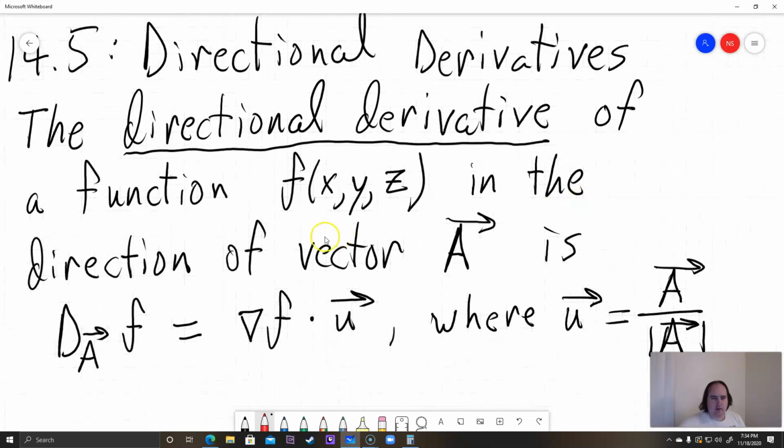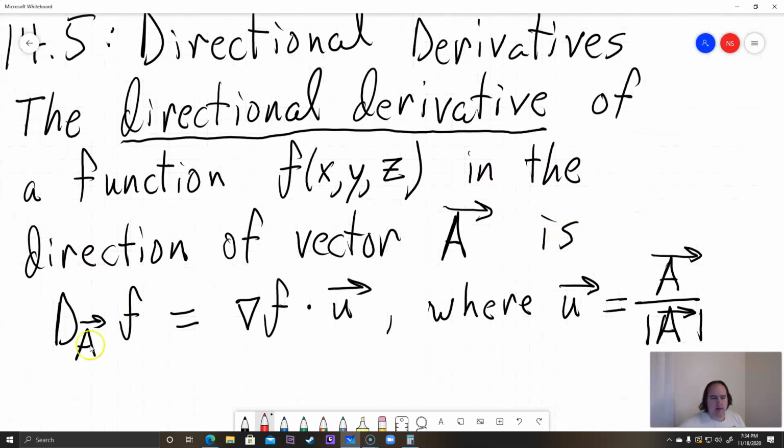So what does that look like? Well, the directional derivative of a function f of x comma y comma z in the direction of vector A is written as capital D sub A of f, and the way you find it is you just take the dot product of the gradient of f and u.